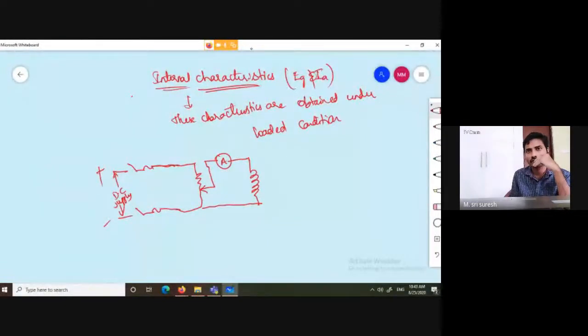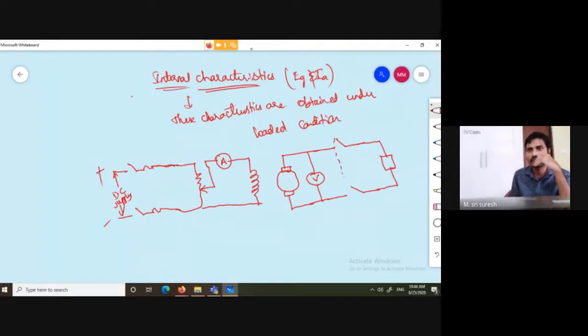Now I am drawing the armature circuit. The voltmeter reads the EG value. Here there is a switch connected to load.